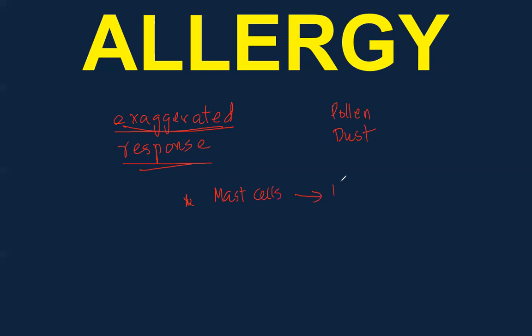They release a chemical known as histamine in excess amount. Some people have dust allergy, so they get sneezing, watery eyes, a running nose, choking, etc. And that's all because of histamine. So anti-allergic substances have antihistamine.